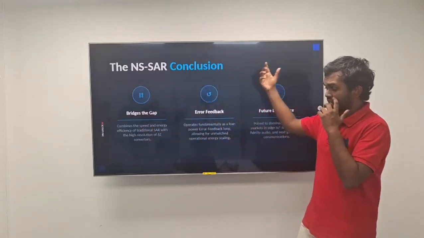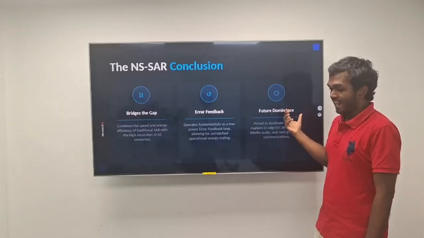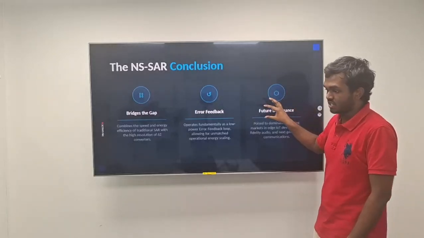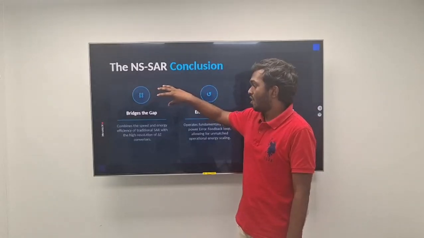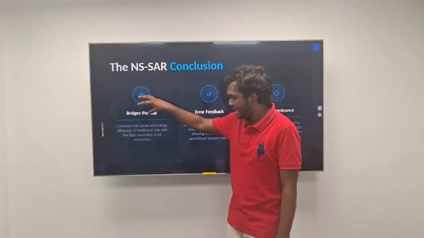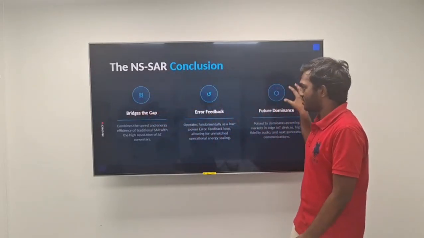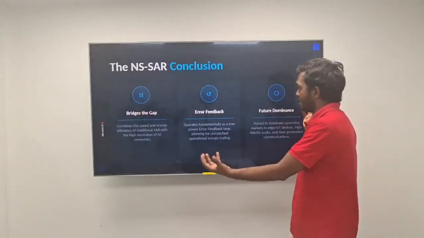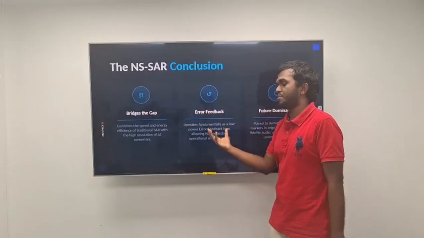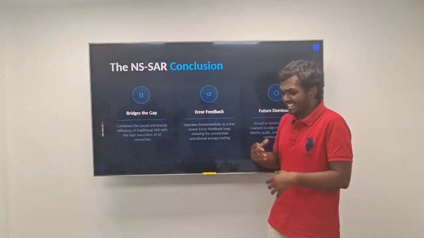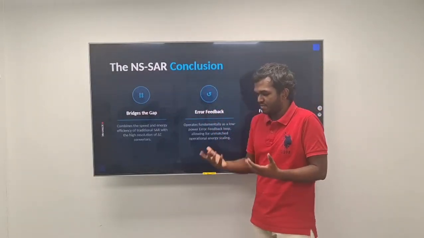The Sigma Delta ADC is very popular for resolution. When using an ADC, we want speed, low power, and resolution. So we combine those two ADCs and make the noise shaping SAR ADC. The secret is very simple.